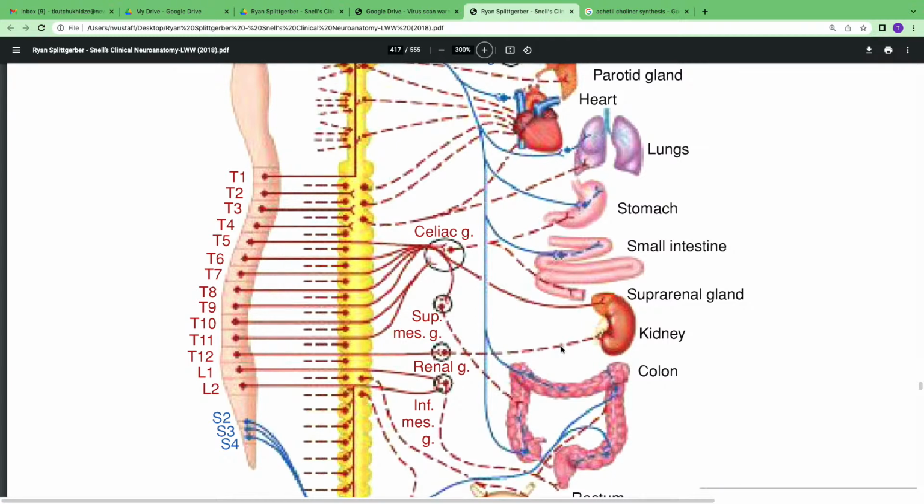Postganglionic parasympathetic fibers are really short, as they are non-myelinated. And why are they short? Because their synapses happen next to the organ, so they don't need to be big, right?